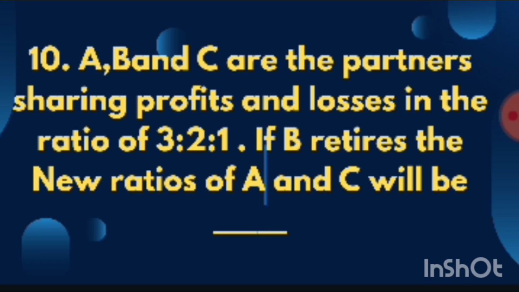So 3:1 is the answer. So when B retires, his share is 2/(3+2+1), that is 2/6. So when B retires, then new ratio of A and C will be 3:1.